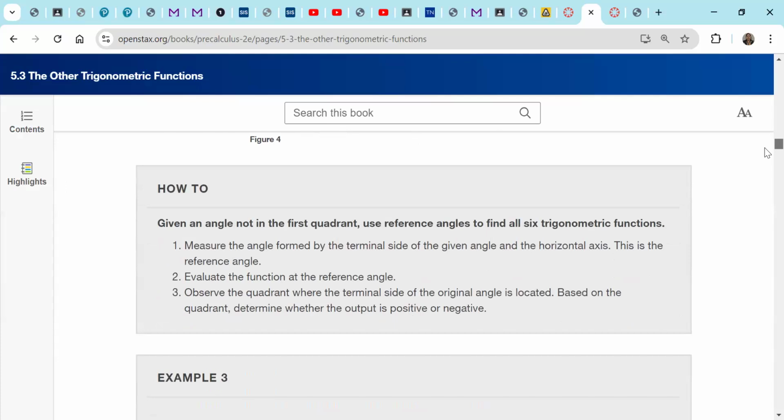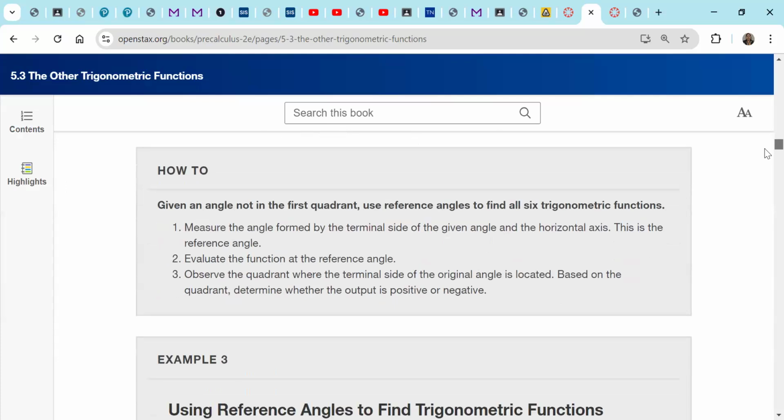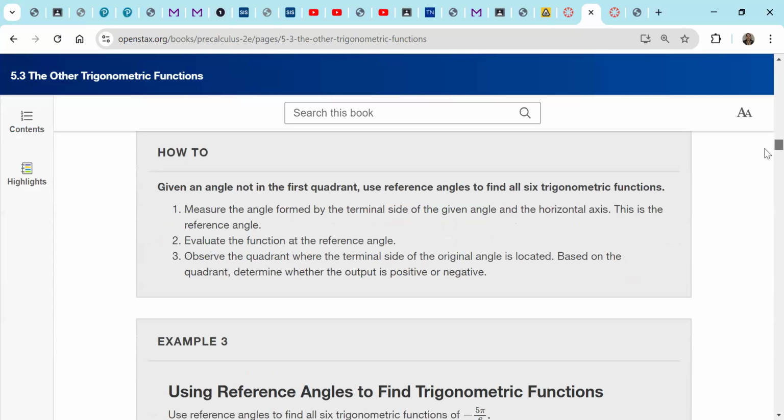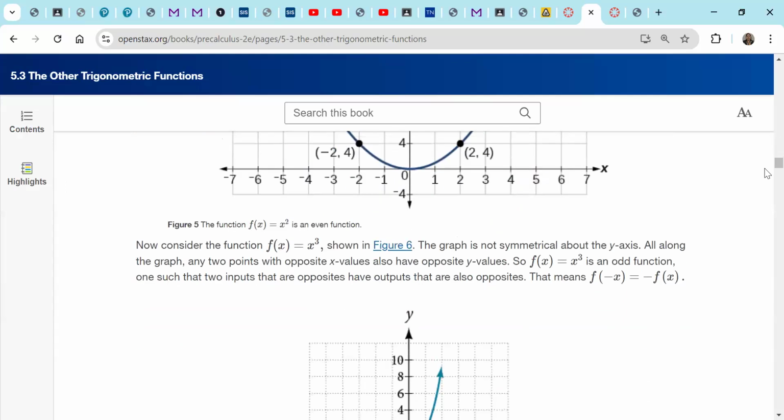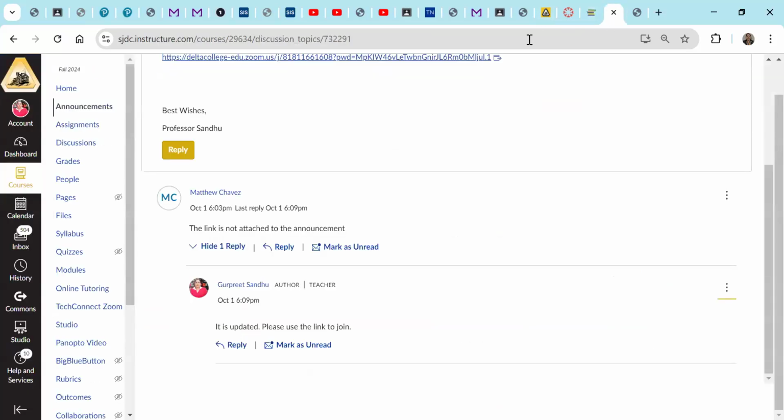Now, how to do it when given an angle not in the first quadrant, and use the reference angle to find all 6 trigonometric functions. I will show you that type of question, how to do it. I'm going to take us down towards the questions now, so you get to see the problems.